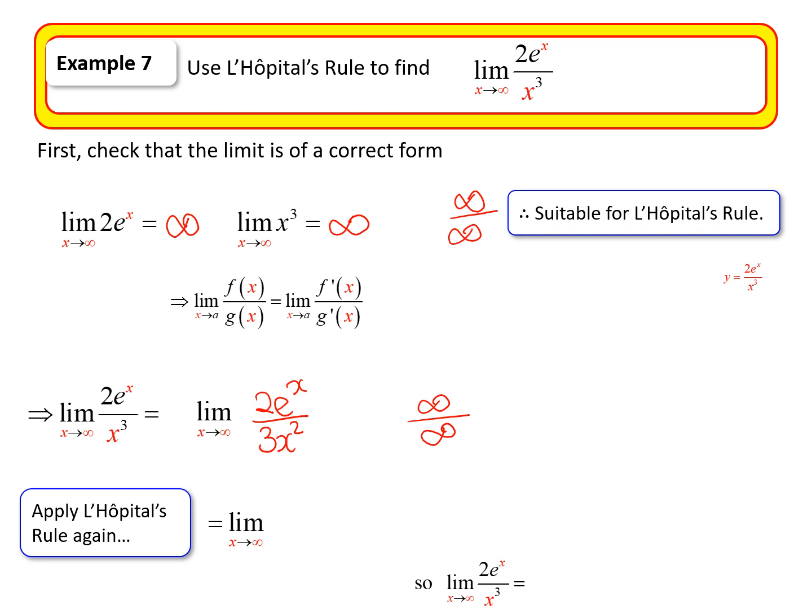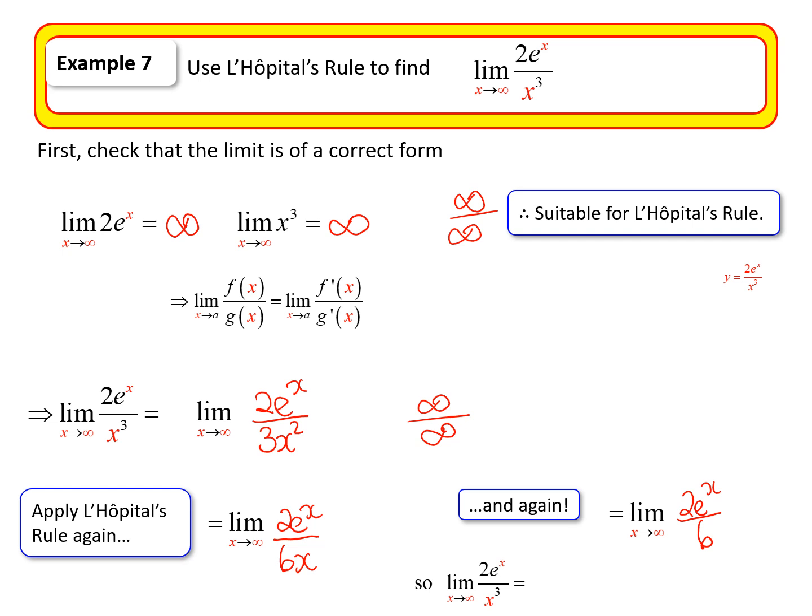So differentiating again, we still get 2e to the x, but now 6x. Again, as x tends to infinity, that's of the form infinity over infinity, so I'll need to do L'Hopital yet again. And then that's going to give me 2e to the x over, this time, just 6.